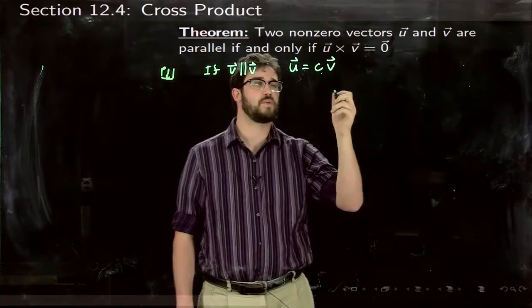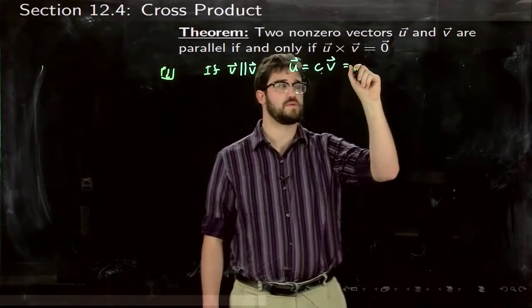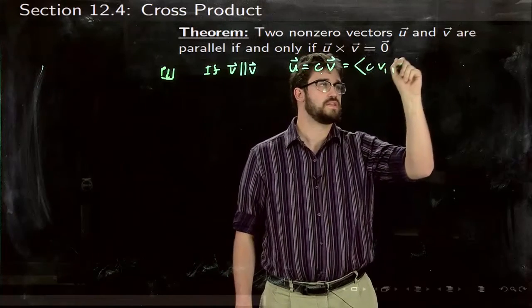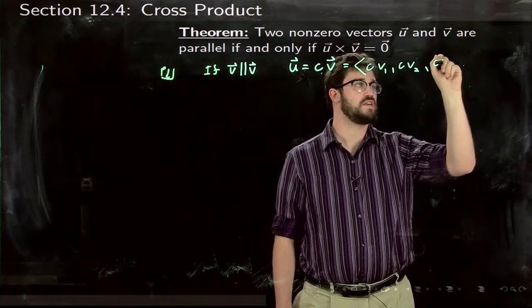In other words, we have u is equal to c v1, c v2, c v3.